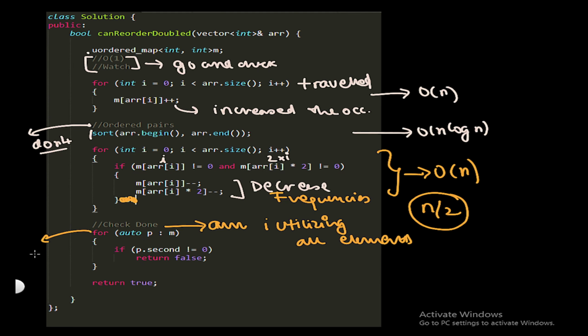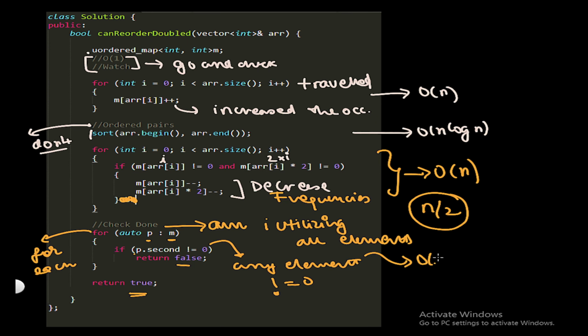This is a for each loop, and we read it this way: for every pair which is there in the map, if pair dot second is not equal to 0, that is, any element is there which has a non-zero count and is not utilized, then I return false. Else if the loop comes out of here, I will return true. So this is also taking big O of n time. So at max it would take big O of n log n time.